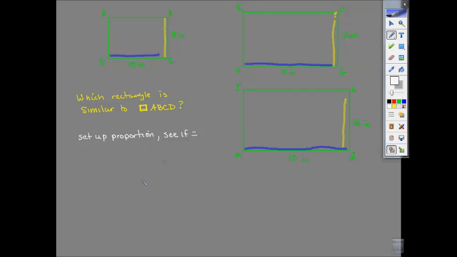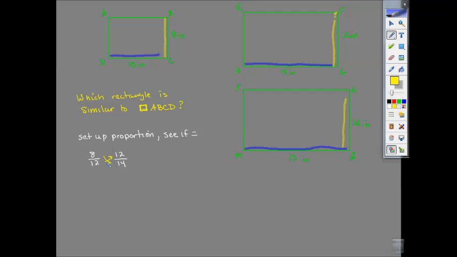We're going to set up proportions and we're going to see if they're equal. 8 over 12 should be the same as 10 over 14 if these are proportional, if they're similar. So I check that. I go 8 over 12 and 10 over 14. And sometimes it's really easy to see and sometimes it's not.